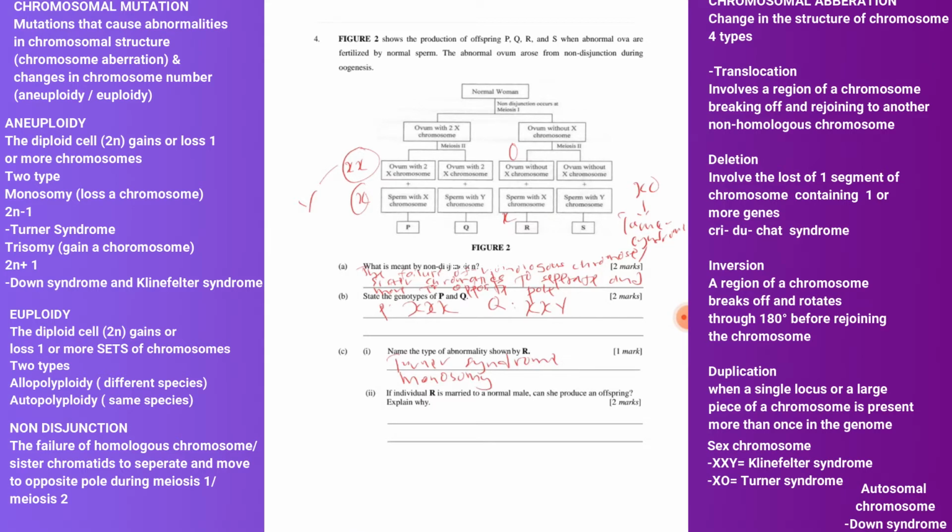If individual R is married to a normal male, can she produce an offspring? Explain why. R is Turner syndrome. Turner syndrome is sterile. So even though they are married, they fail to produce gamete because they are sterile.